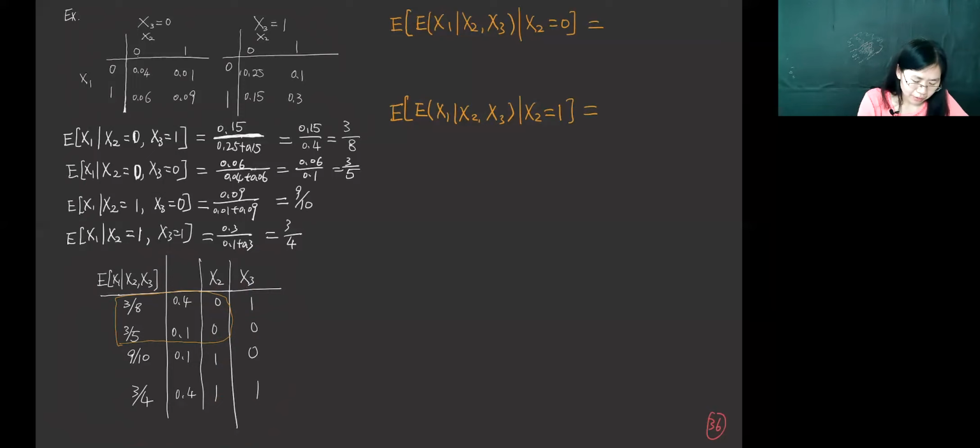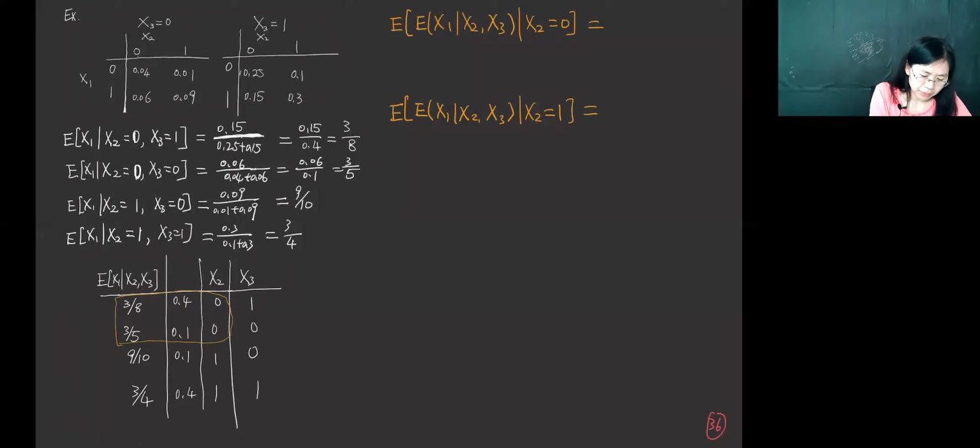Now we want to calculate the conditional expectation of this random variable given only x2. x2 has two values, so we calculate the conditional expectation at these two values separately.